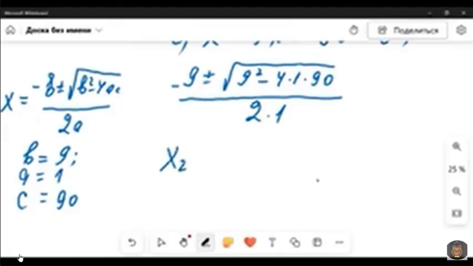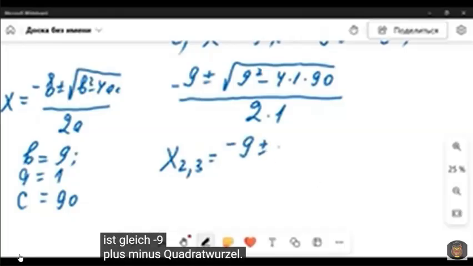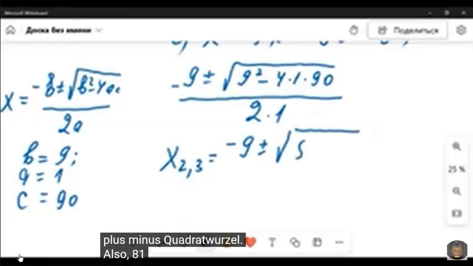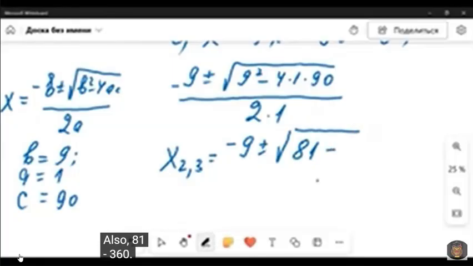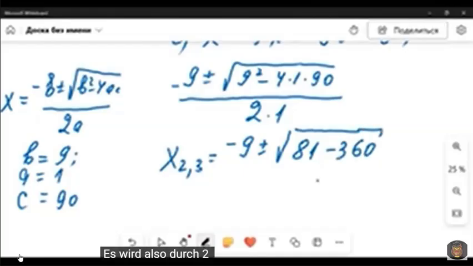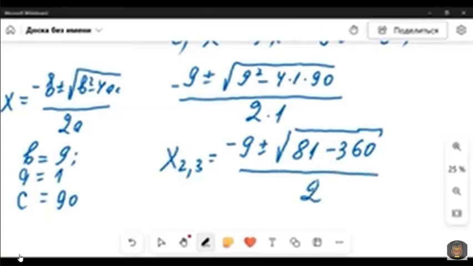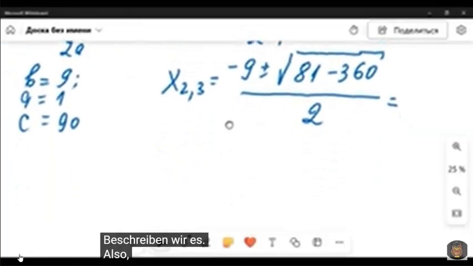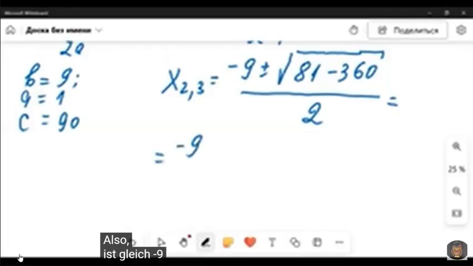X second and third will be equal to minus 9 plus or minus the square root of 81 minus 360, divided by 2. Let's write it out: equals minus 9 plus or minus the square root.